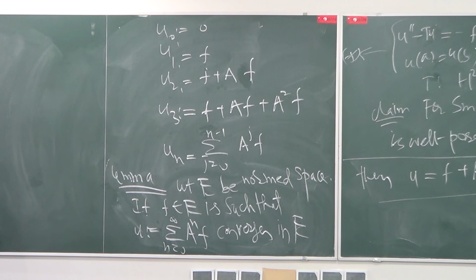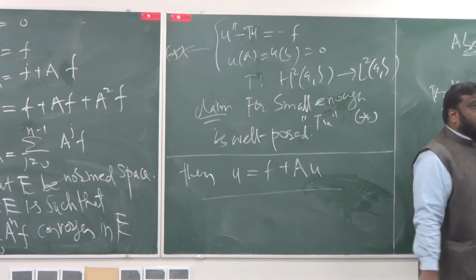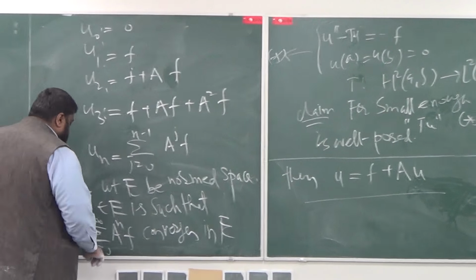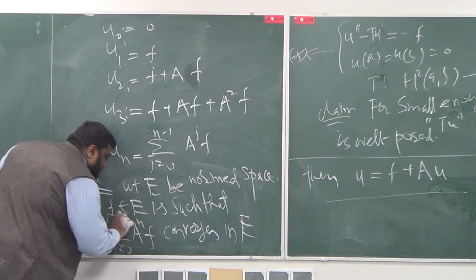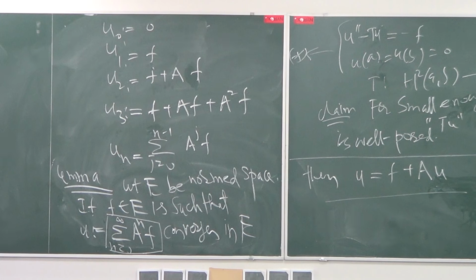Are you getting the point? So the problem of solving such an equation is now broken down to the convergence of this series. If you prove that this series is convergent, then you have a solution of your problem.